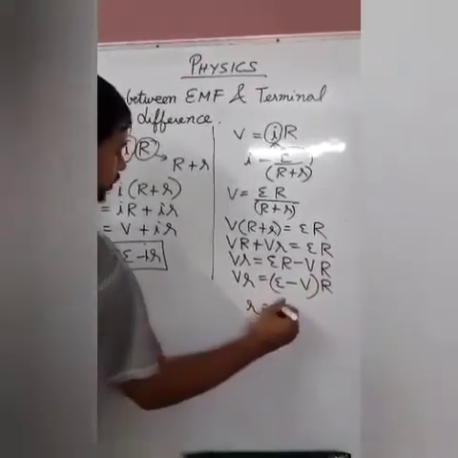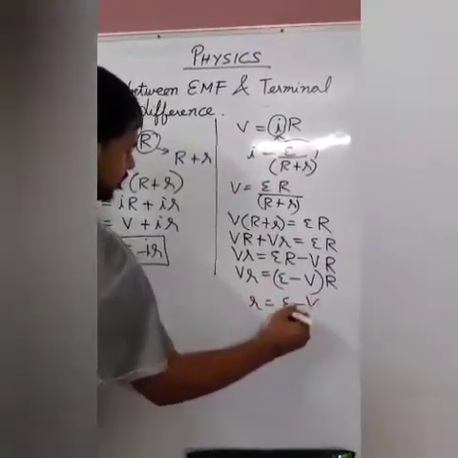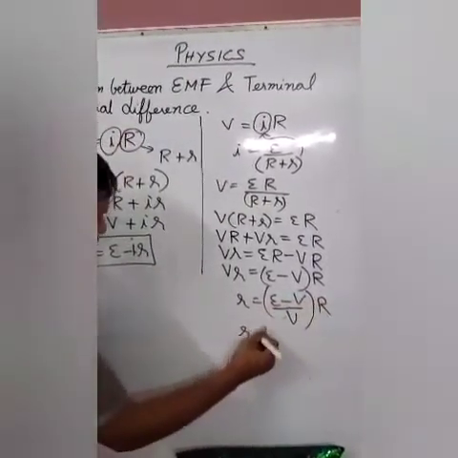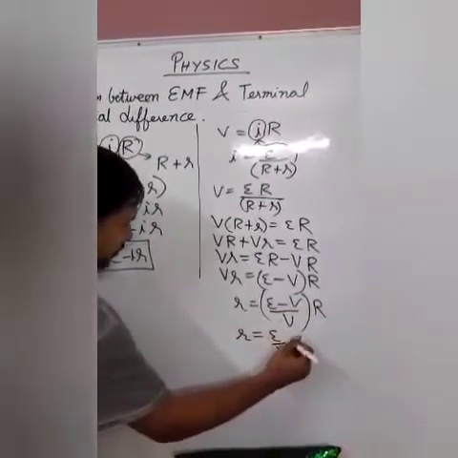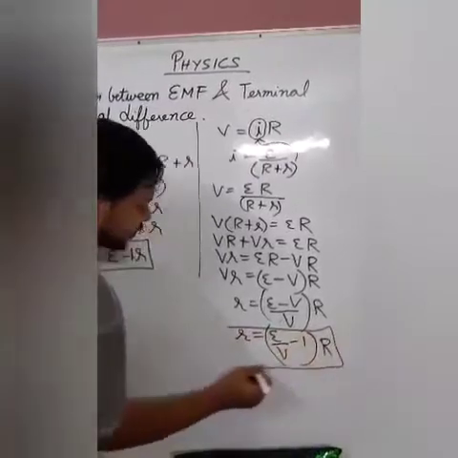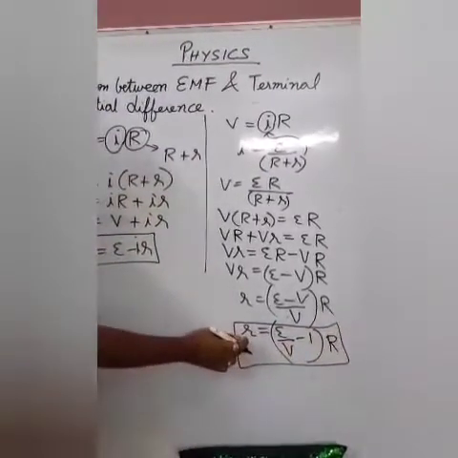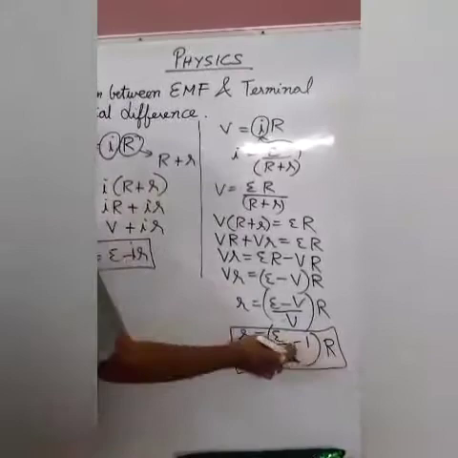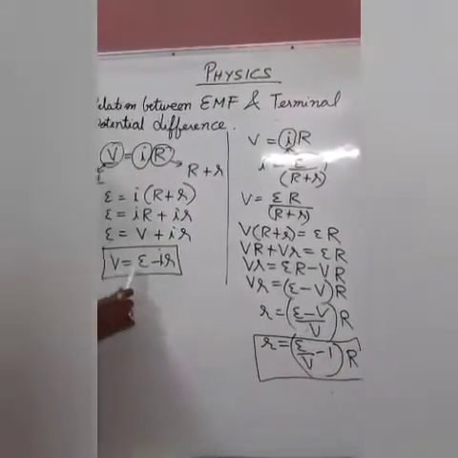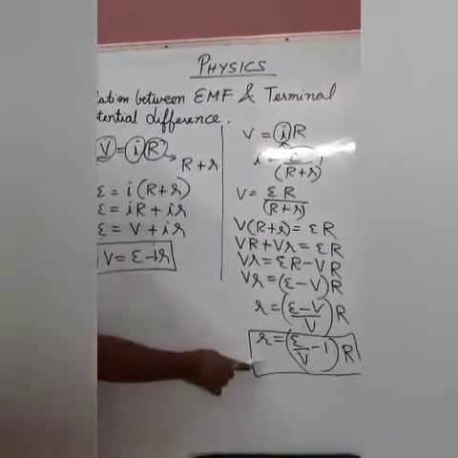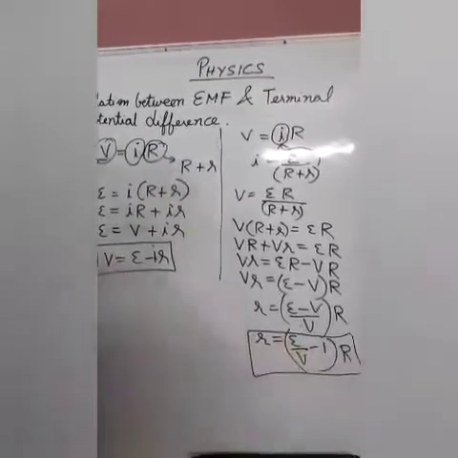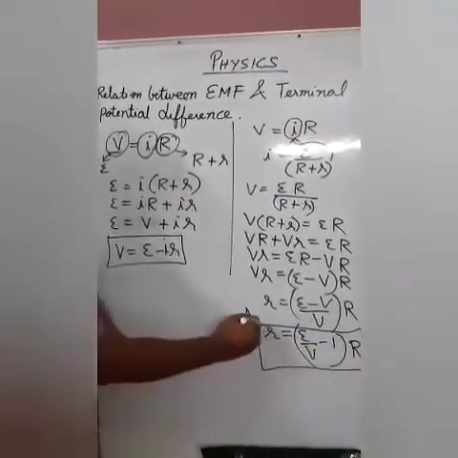Now small r is equal to (E minus V) upon V into capital R, which I can even write as (E upon V minus 1) into R. So this is a complete relationship which has internal resistance as well as external resistance, EMF and terminal potential difference. The earlier expression does not contain capital R, but this expression contains everything: EMF, terminal potential difference, internal resistance and external resistance. So this is a very useful formula.